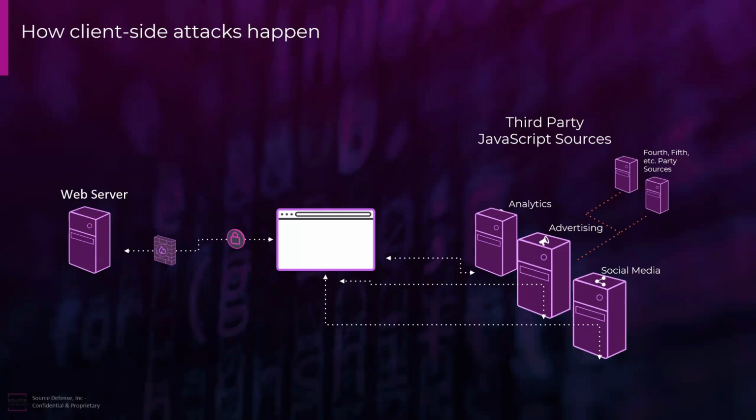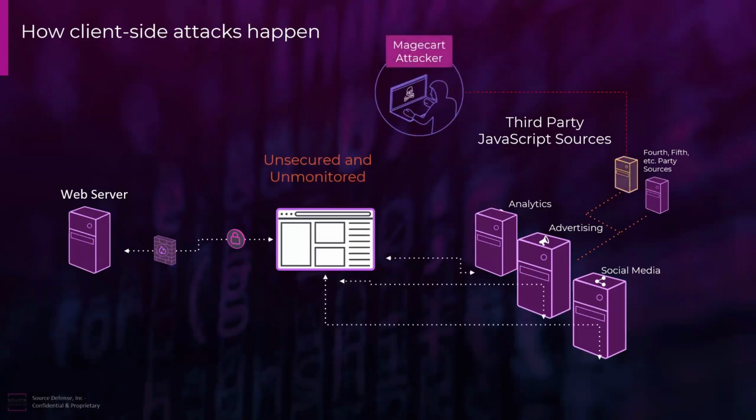So if an attacker gets into either of those places, either your own server or one of these other servers out here on the internet, they can then place code in that location, and then end up in the visitor's web browser, and then they can exploit, or more so take advantage of, all those capabilities that I've been talking about along the way.